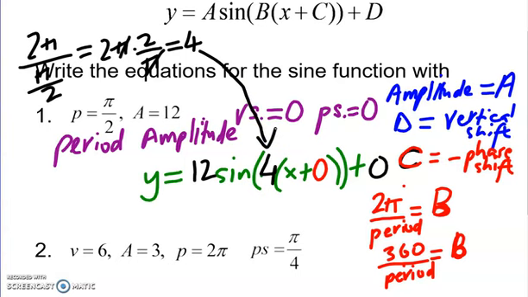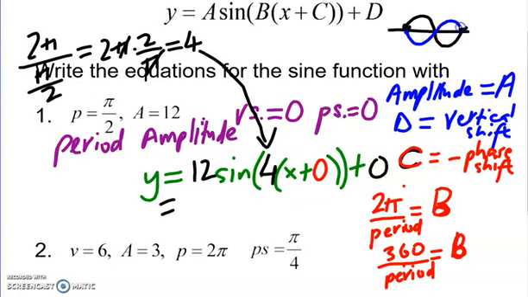And then let's just simplify all of this. One thing about these kinds of problems is we don't know whether the sine function is going from the starting position for the sine. So here's your parent sine function. Right now we don't know whether the sine function looks like that or whether it's reflected.